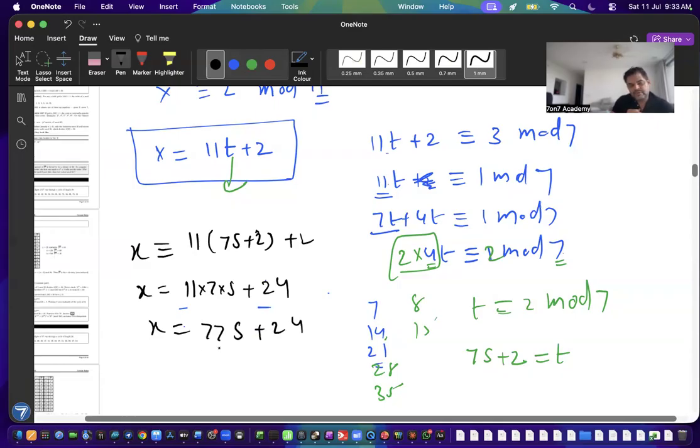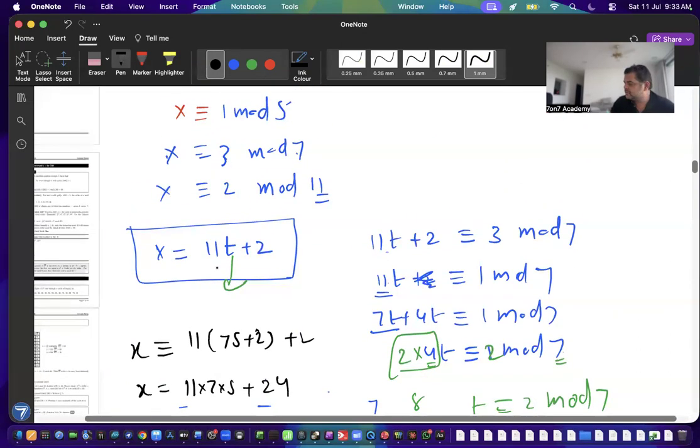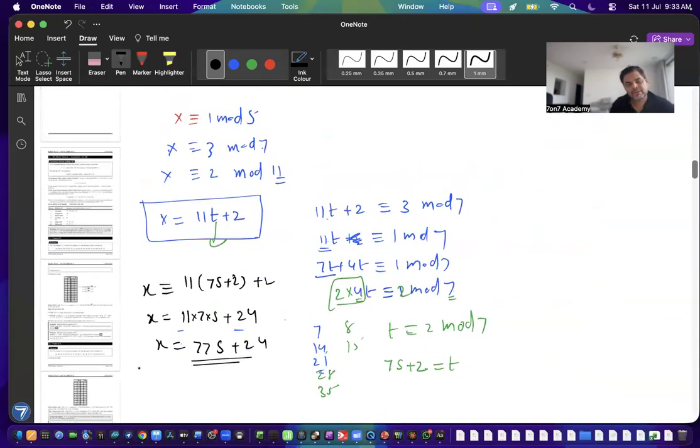Now this x I'll put into the remaining equation that I have, the first one. Wait, I have a doubt. In the first function we did, how did this value become 2? See, it was this 1. Is it 1 or is it not 1?